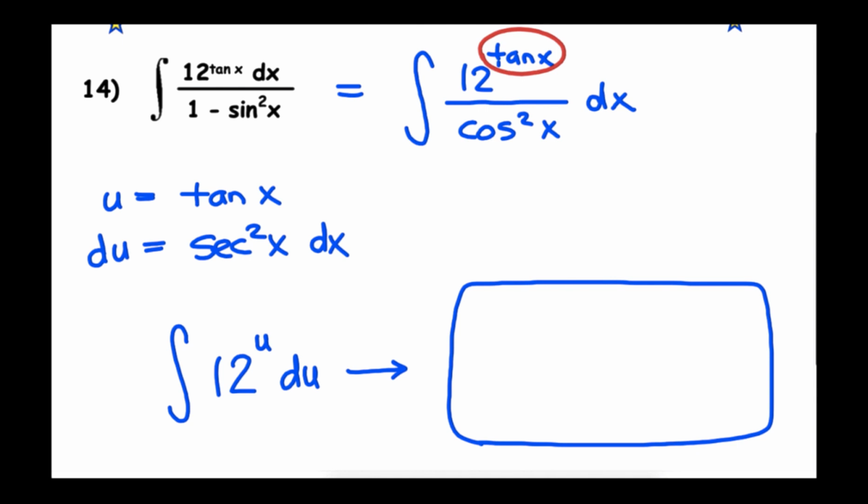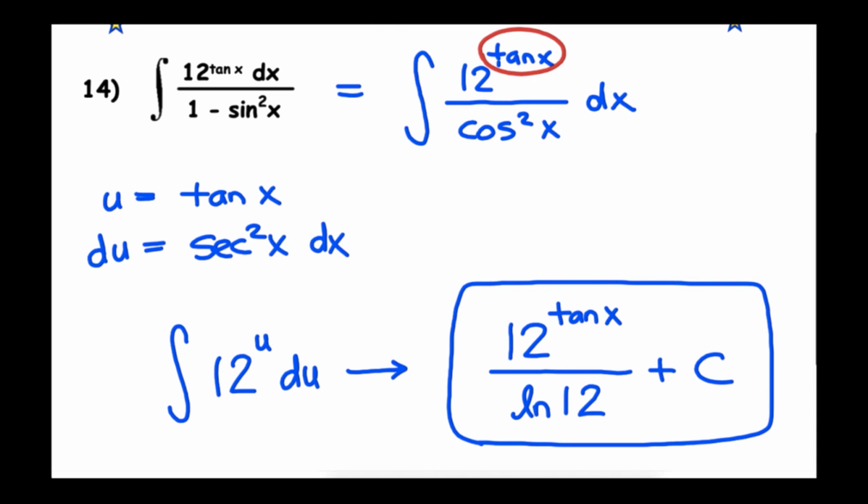The integral of 12 to the u du is simply itself, 12 to the u divided by natural log of 12 plus c. And when I say 12 to the u, remember that u has to be replaced with tangent of x. So there it is. Hopefully this is getting a little bit easier.